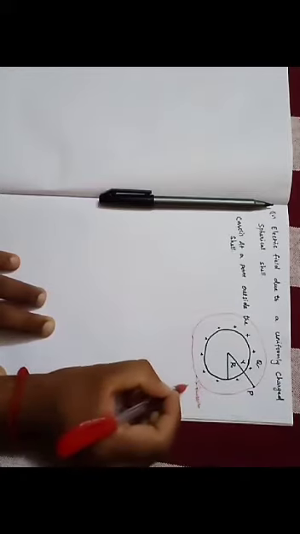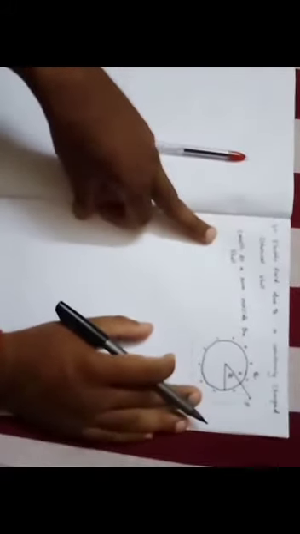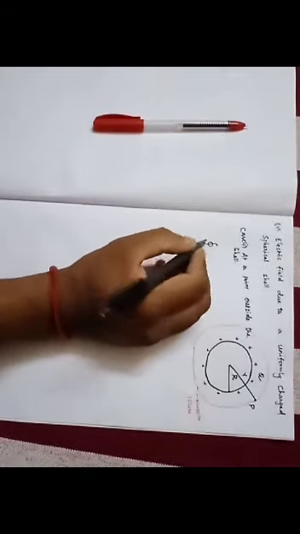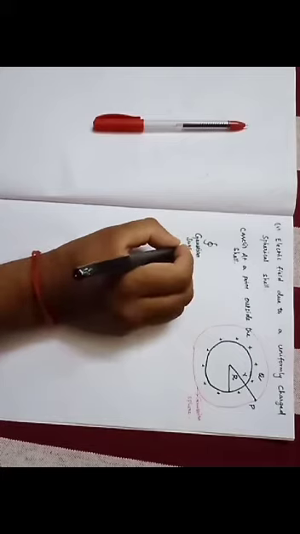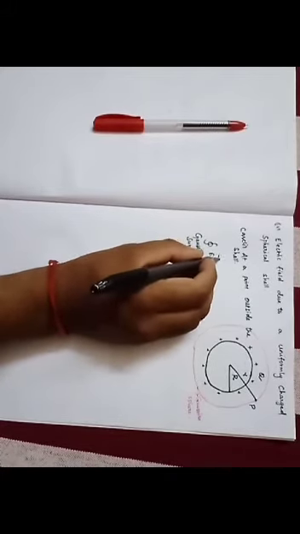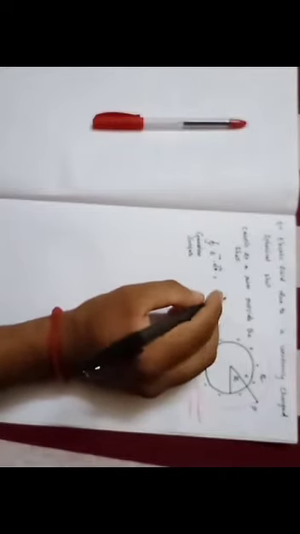This is called the Gaussian sphere. By using Gauss law, the closed integral over the Gaussian surface of E vector dot dA vector equals the total electric flux, which is 1 divided by epsilon naught times the net charge enclosed by the surface.